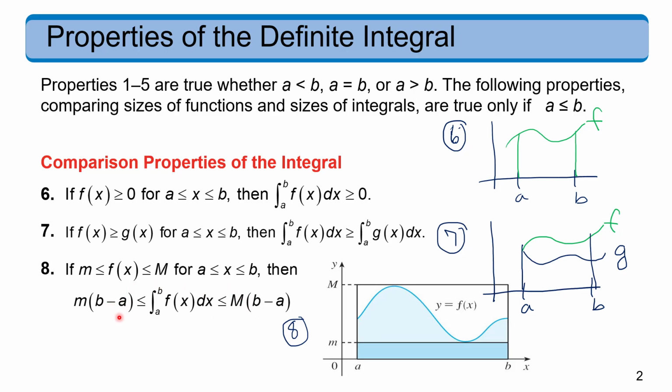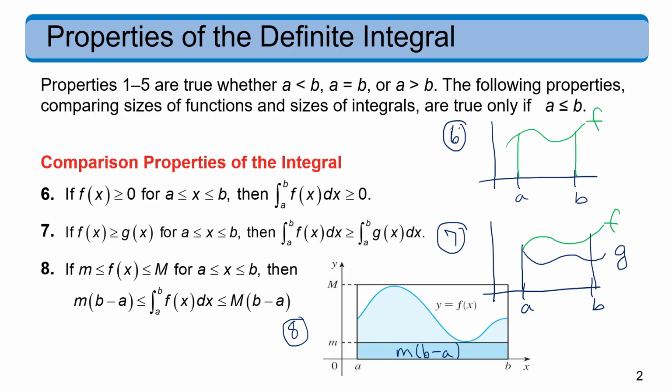Now let's look at those two expressions. So over here, we have a product of two things, little m and b minus a. Well, graphically, little m is this height, and b minus a is the length of that interval here. So the product would be the area of this rectangle. So I'm just going to write in here, the area here is little m times b minus a.